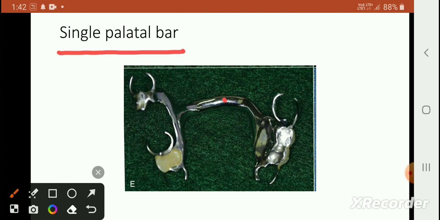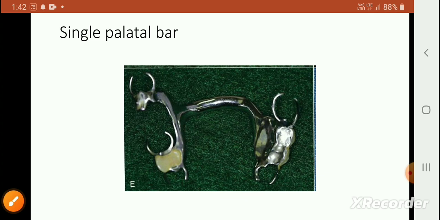It is contraindicated in distal extension cases, and when the anterior teeth are to be replaced.